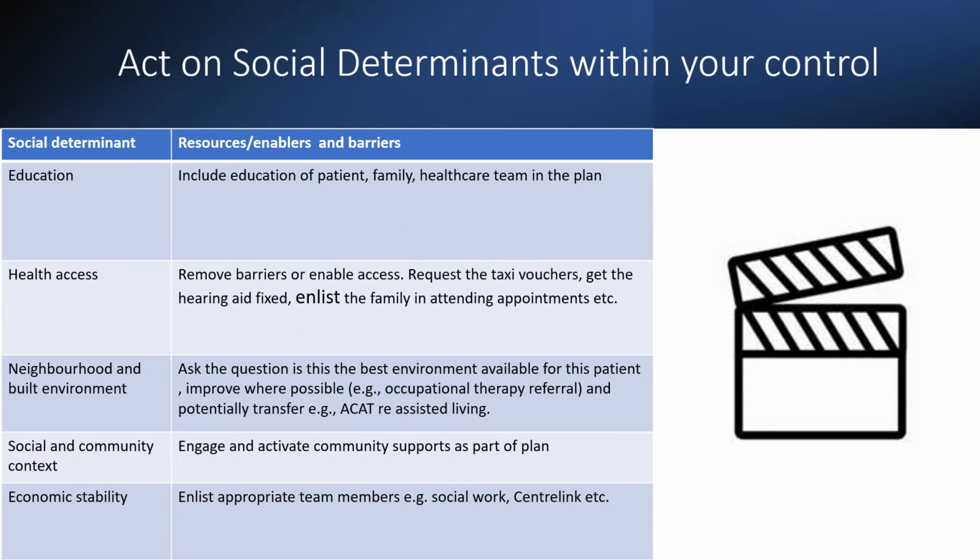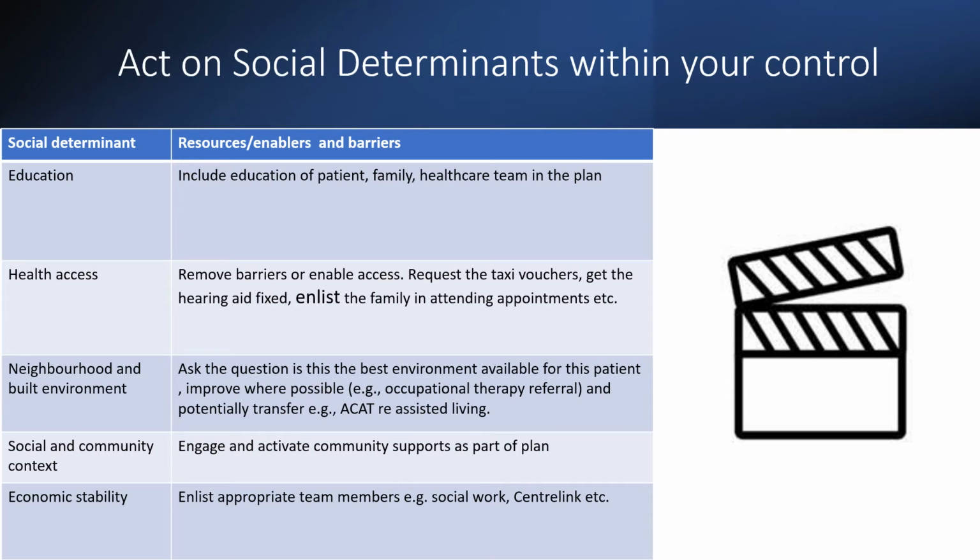Next, you can act on the things that are within your control. Improve care by removing barriers, creating situations that enable quality of care, and reducing the impact of social determinants. Now, this might look like including education of the patient or the family in the healthcare plan. If transport's a barrier, order the taxi voucher.